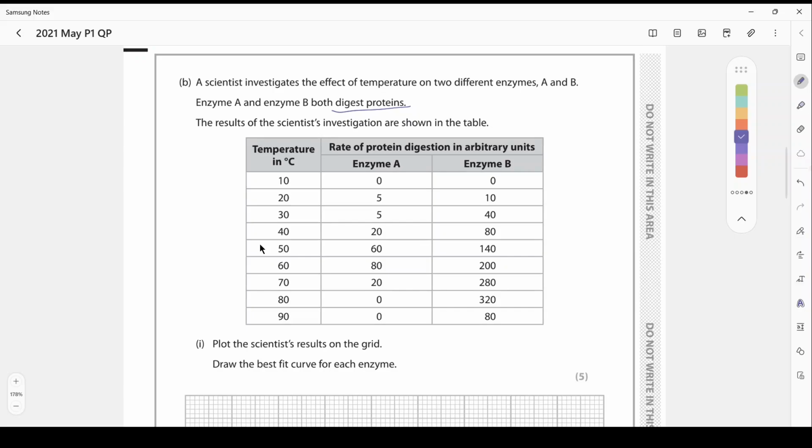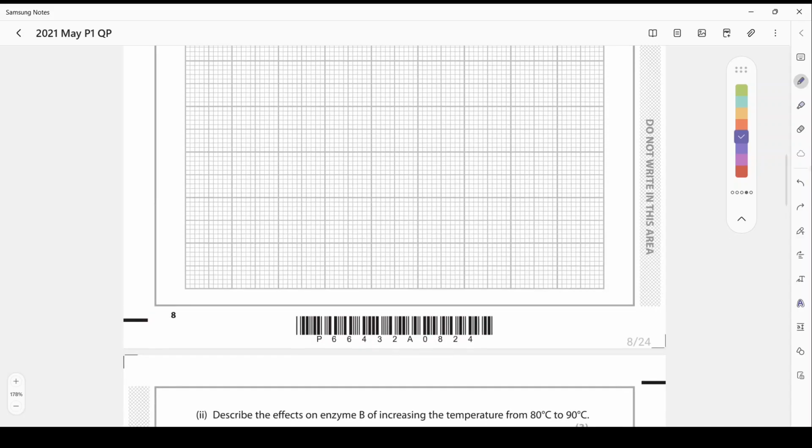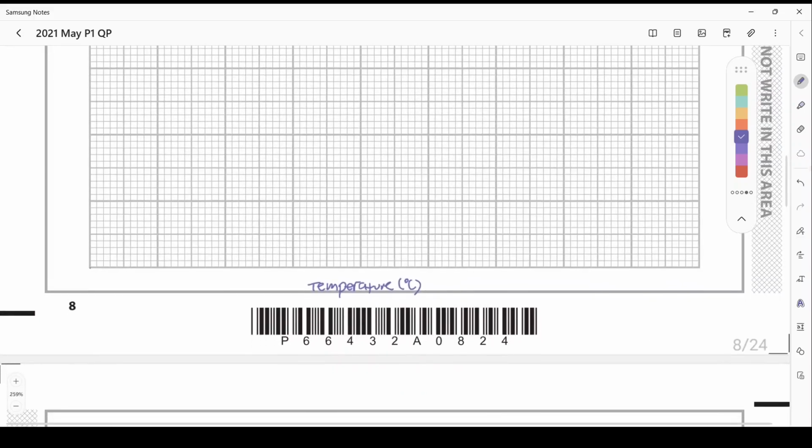Okay, so temperature would be the x-axis and the highest is 90 degrees. So let's see if we can try and fit 90 degrees here. Oh, there is no space for this, but make sure you try and draw within the gray box provided. So we'd write temperature, very small.